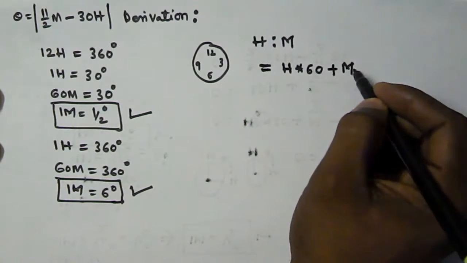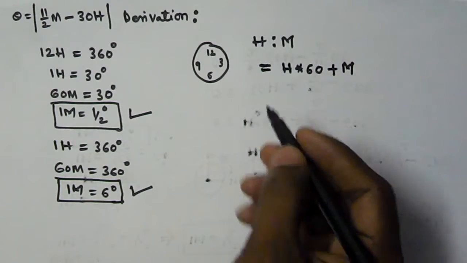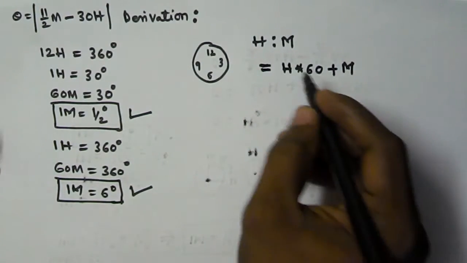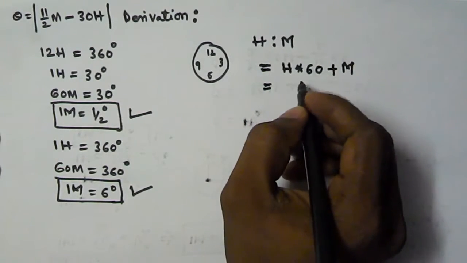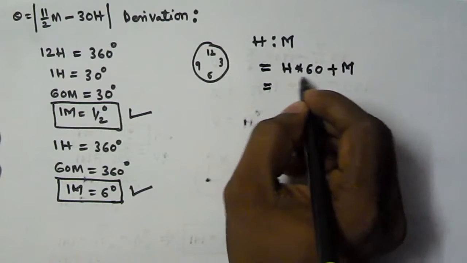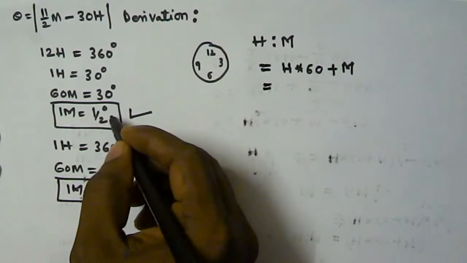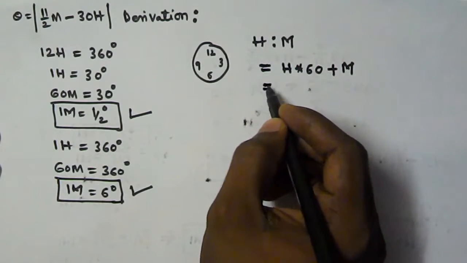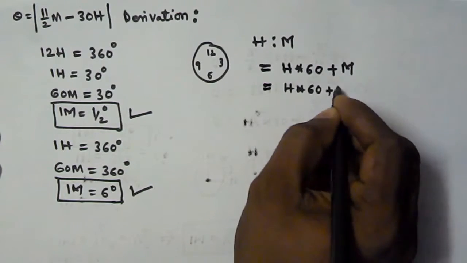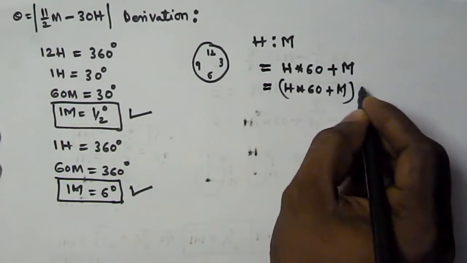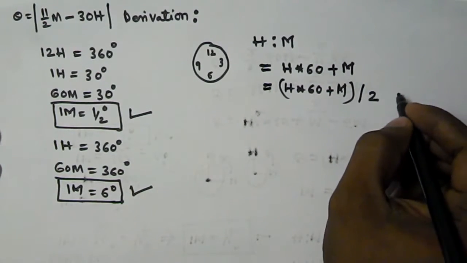These are the total minutes traveled by the hour hand. To find the angle covered in those minutes, we multiply by 1 by 2, so that is (60h plus m) by 2. These are the total degrees covered by the hour hand.